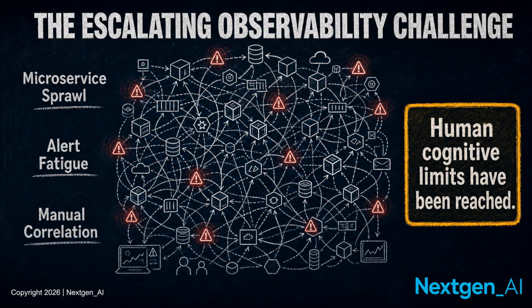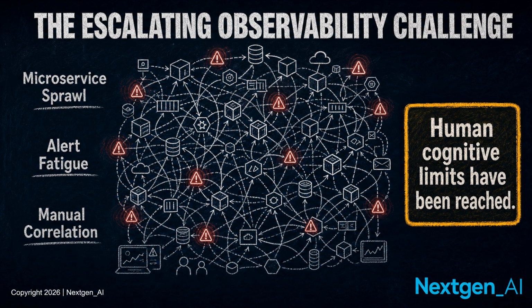The direct consequence is alert fatigue, a grinding daily cycle of constant, noisy, often false positive alerts that leads to burnout and obscures genuine customer-impacting outages. Manually correlating fragmented insights across disparate, siloed tools is no longer merely slow or inefficient.